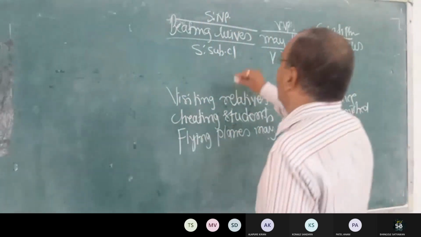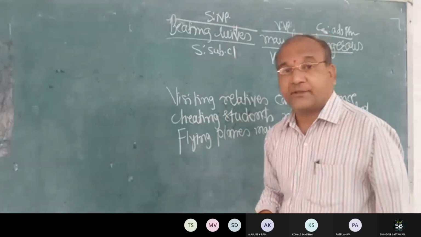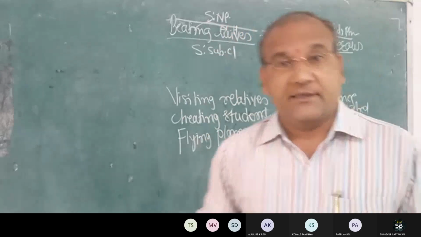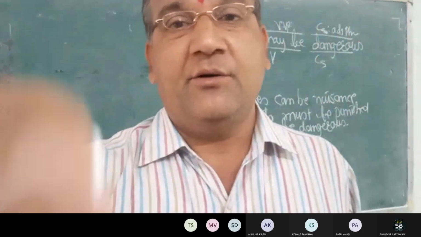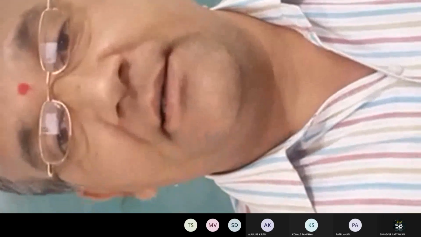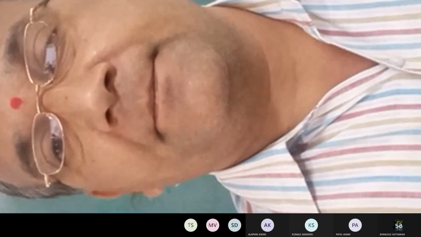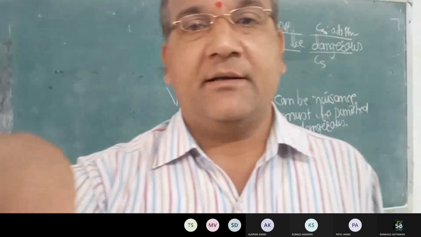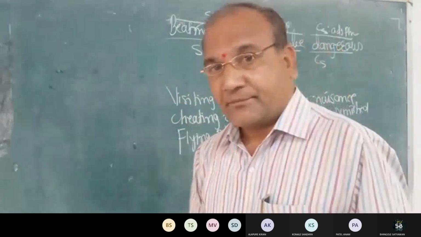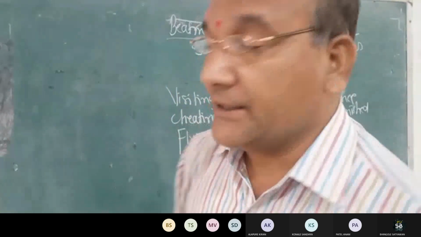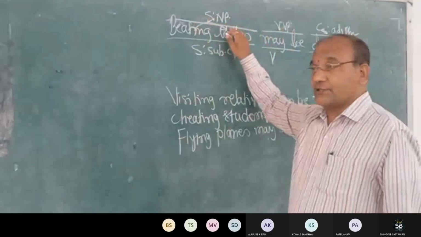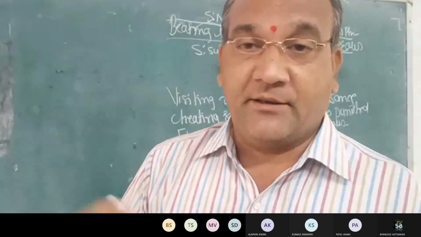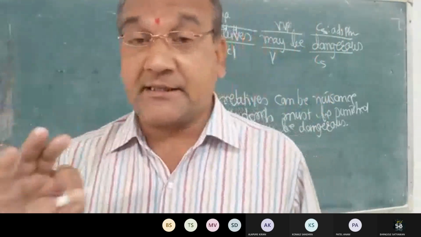When I call it NP, wives is the head, and beating is a participle adjective referring to wives. So the meaning will be the wives who beat their husbands, if I treat it as an NP.